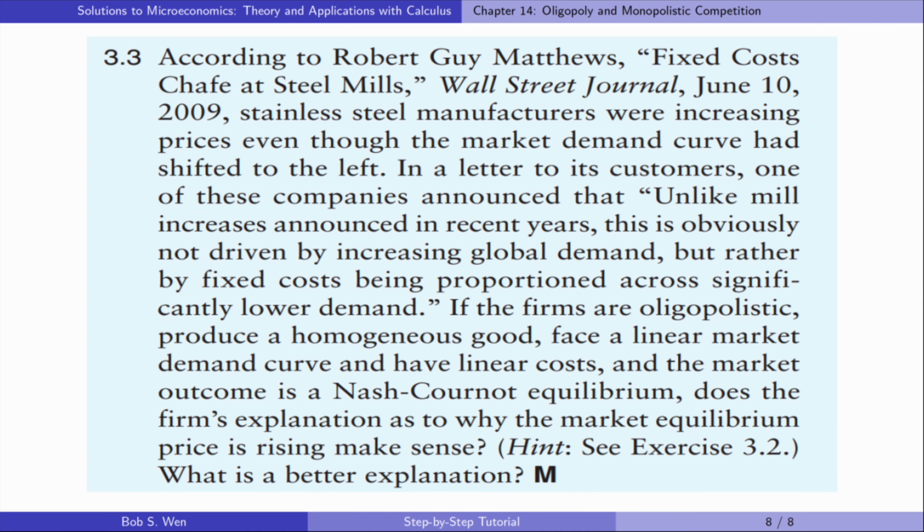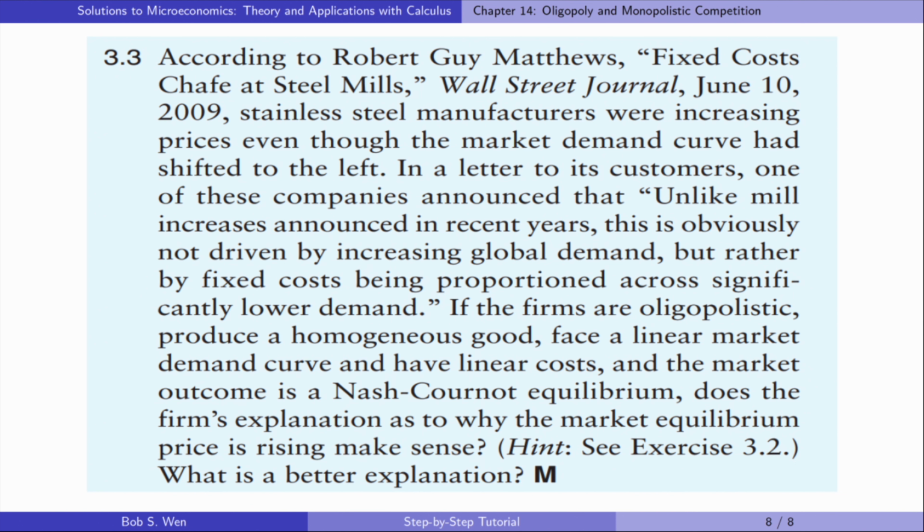Let's answer exercise 3.3. It's about the reason for the increase in the oligopoly price. Some believe that it is obviously not driven by increasing global demand, but rather by fixed costs being proportioned across significantly lower demand.